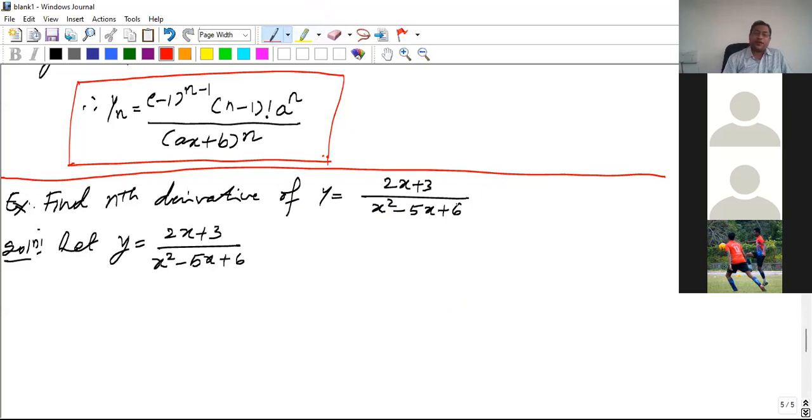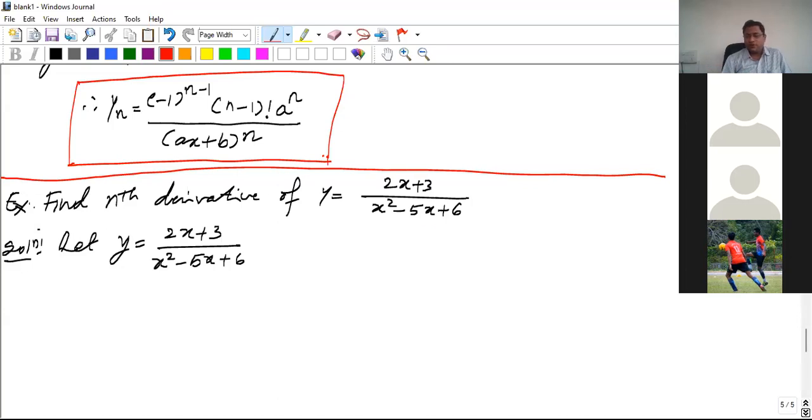If I can, then my problem will be easy, and I can solve it in linear form. But if I am not able to reduce it, then we have to find the first order, second order and third order derivatives, and then generalize.